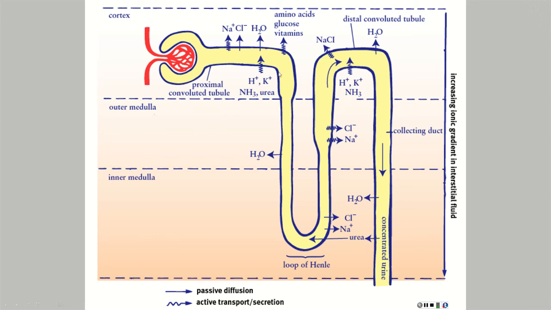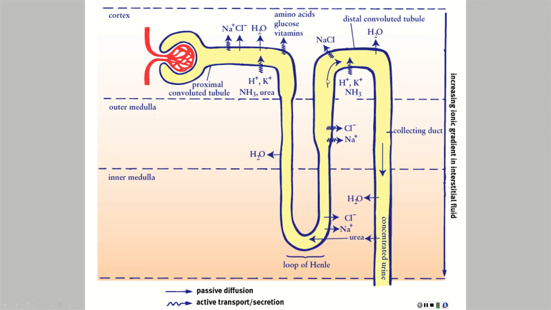The rate of flow through the nephron is going to be directly related to the concentration of sodium and chloride. If it moves too fast, then sodium and chloride concentration will be high. If it moves too slow, then the sodium and chloride concentration will be low.